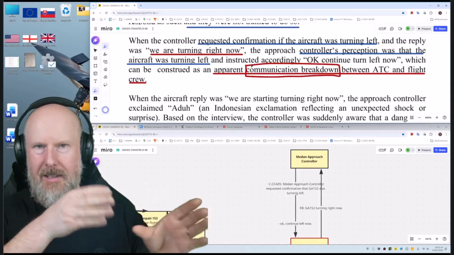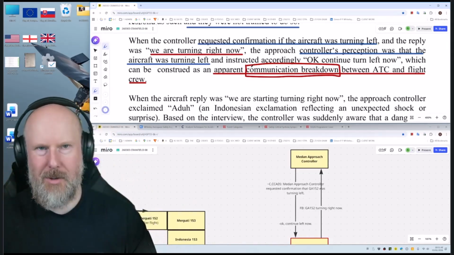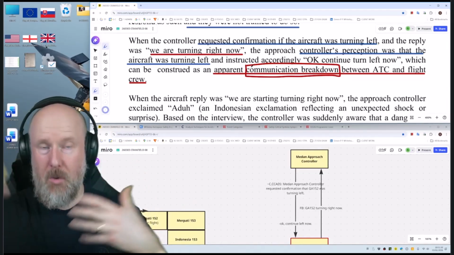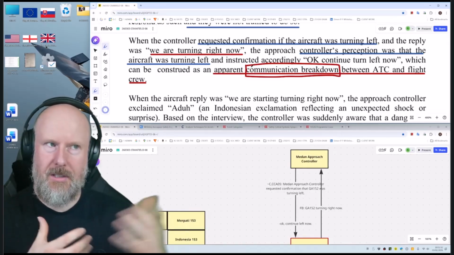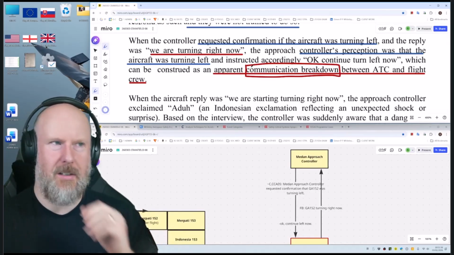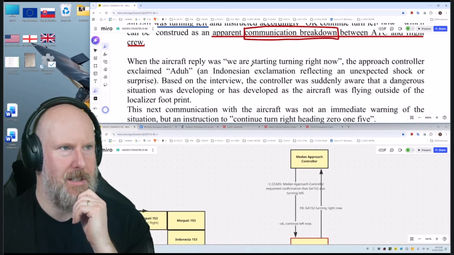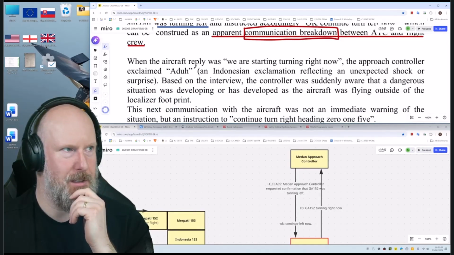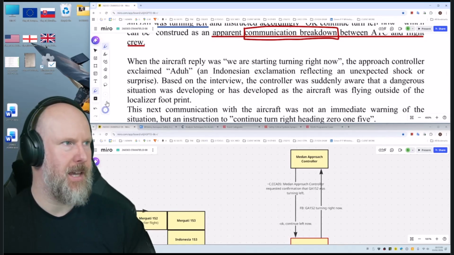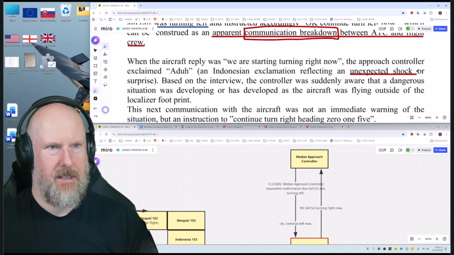Because as you're looking at this through the lens of STAMP and thinking about control algorithms and mental models and coordination between controllers, you can start to see it's not just communication breakdown, there's more to it than that. So when the aircraft reply was, "We are starting turning right now," the approach controller exclaimed, "Adur," an Indonesian exclamation reflecting unexpected shock or surprise.